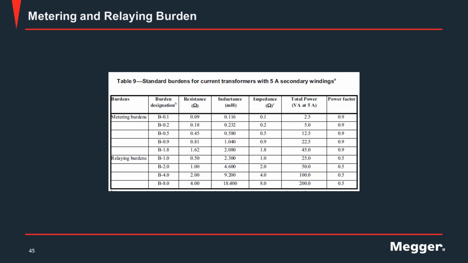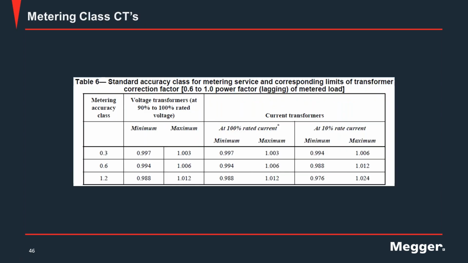These are the tables. Anyway, I guess we will give you this presentation, so you can refer to this table, and you can also find this table in the standard. And this is also from the standard. These are the limits. For a metering class of 0.3, if you are looking at 100% rated current, the accuracy must be within this range, 0.997 minimum to 1.003 maximum.